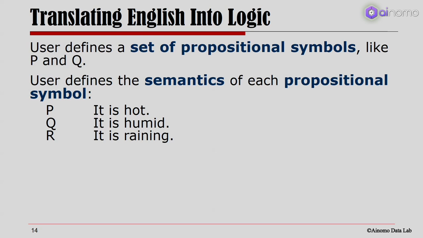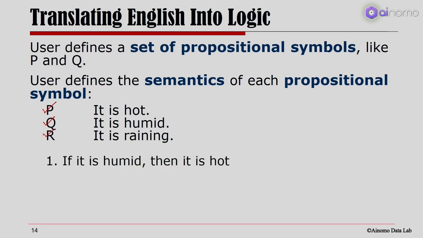Coming back to our discussion of the weather today, let us say we use a propositional symbol P to mean it is hot, Q to say it is humid, and R to say it is raining.